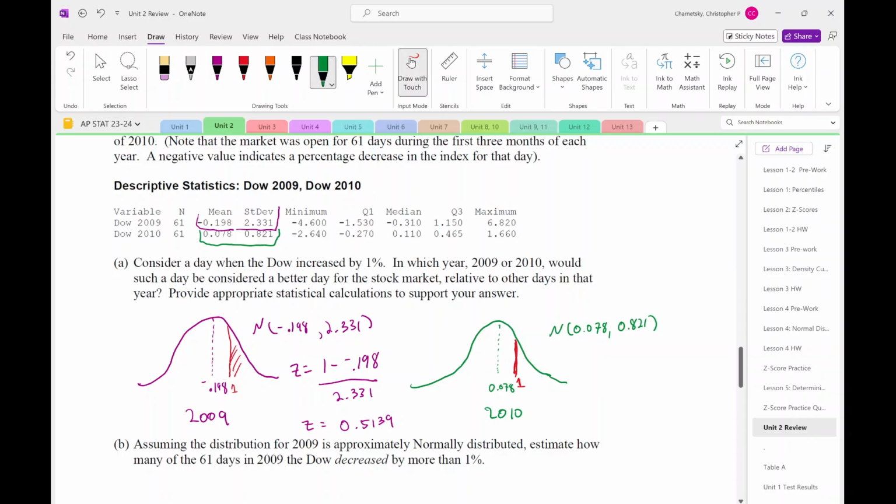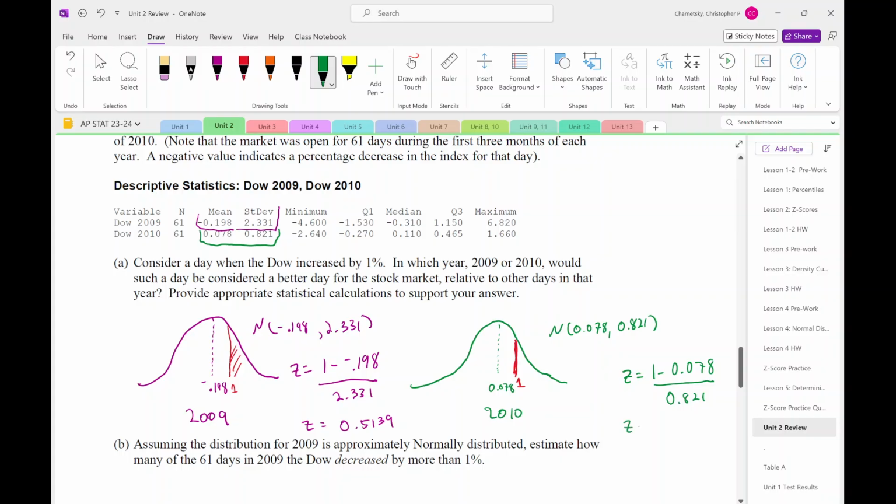And then for 2010, same thing. 1 minus 0.078 divided by 0.821.